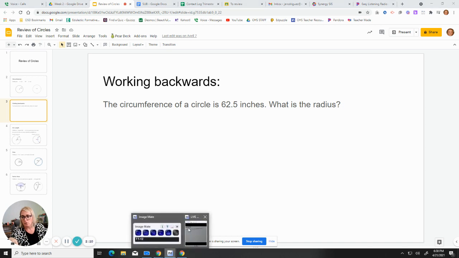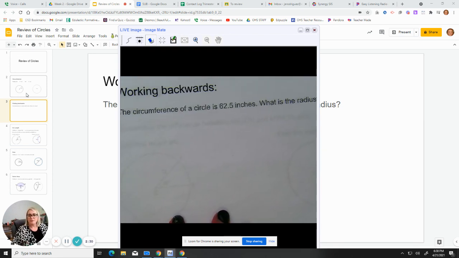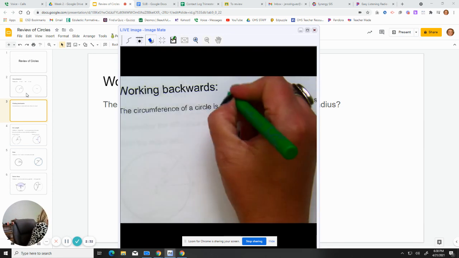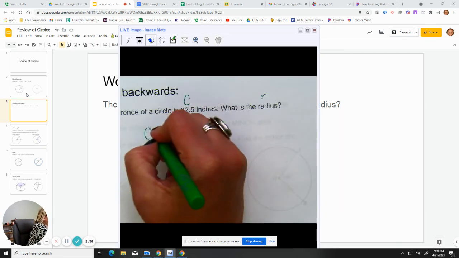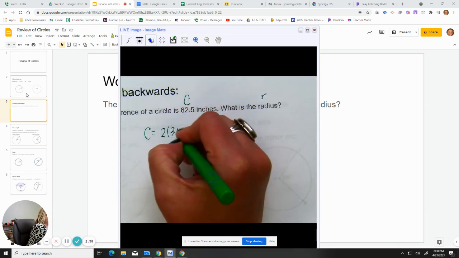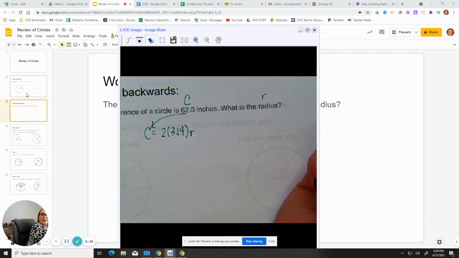So let me pull this up again. All right, so we're given the circumference. So this is C. We need R. And remember, our formula says 2 times 3.14 times R. We are going to replace C with that.